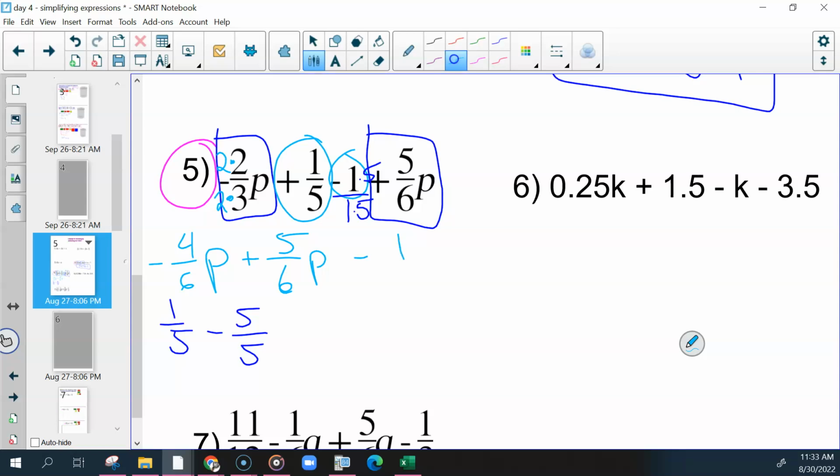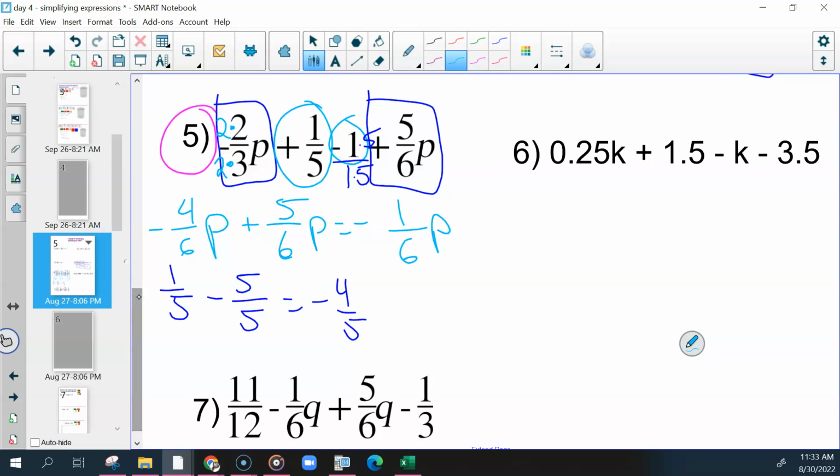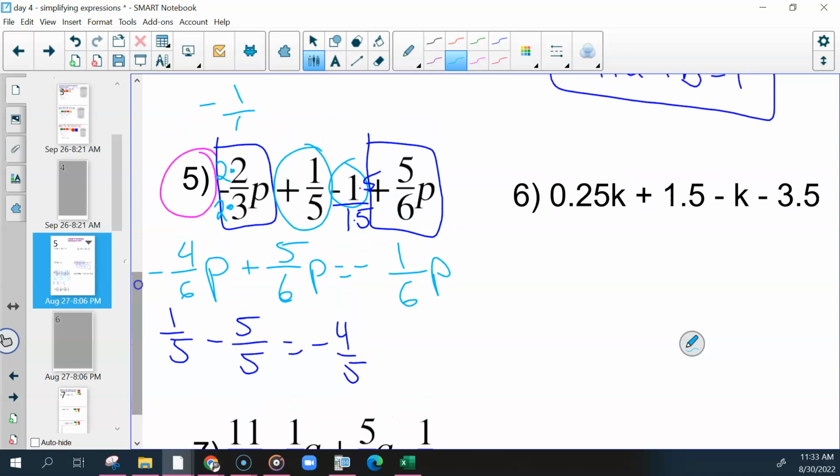To be negative 1/6p. And when we add these or subtract them, we get what? Negative 4/5. So our final answer for that one would be negative 1/6p minus 4/5.